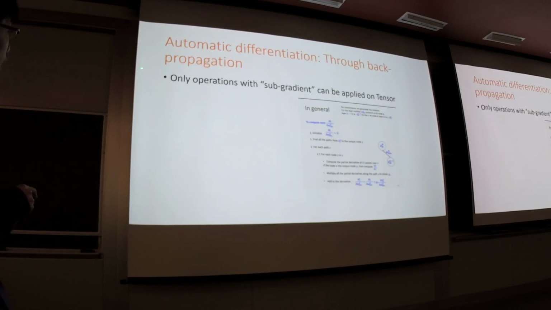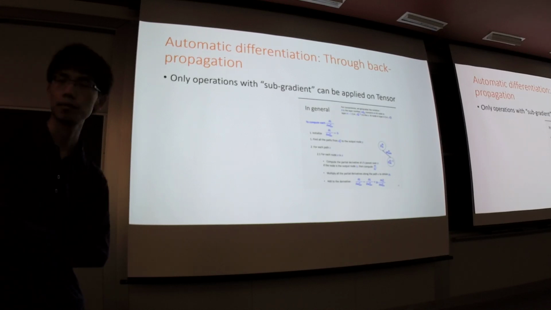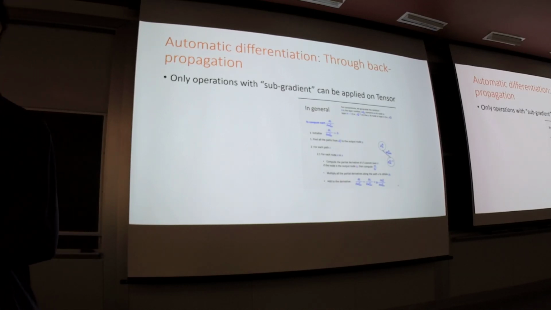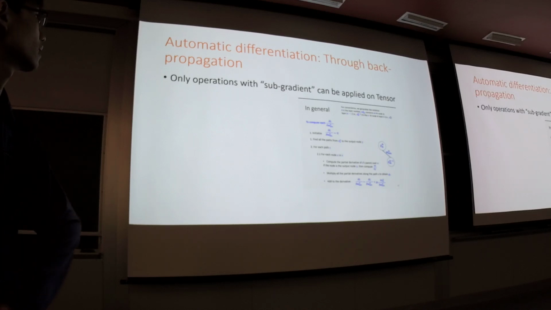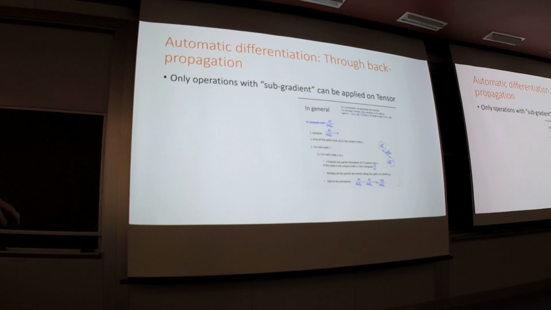Okay, the automatic differentiation, which is done through backpropagation, we just learned in a previous course. I won't talk about this BP anymore. You'll be asked to do BP in homework 5, I think.